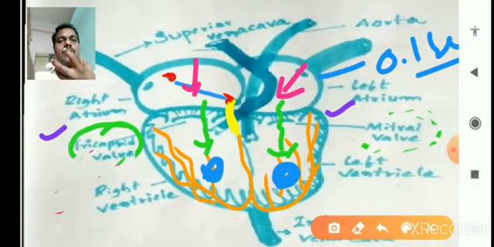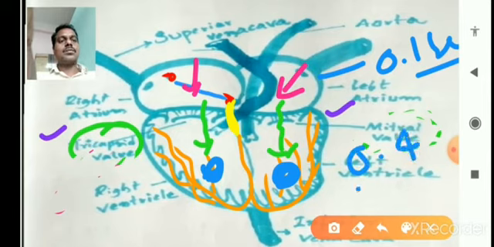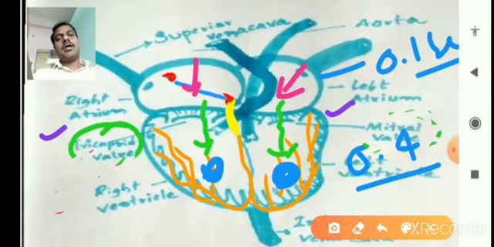When the ventricles have gained that blood, they are ready to contract. The auricles take 0.1 second to contract, but the ventricles contract after they are filled with blood, and that takes 0.4 second.